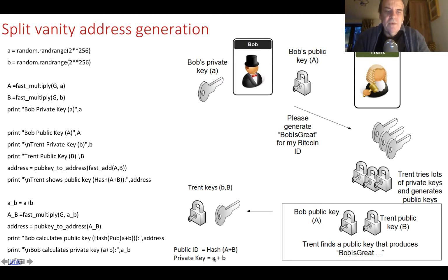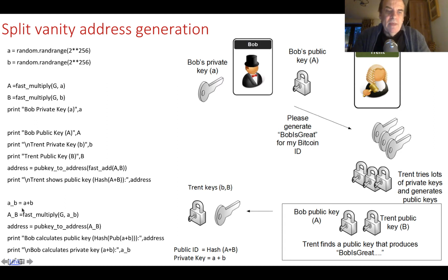On the other side, we'll take the two values a and b and we'll recalculate to find the Bitcoin address. So over here, we take the two keys and we just basically add them together. They are linear values, so we add them together. We then multiply by G to find the public key.